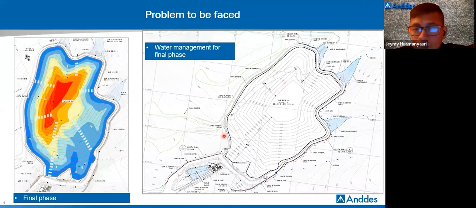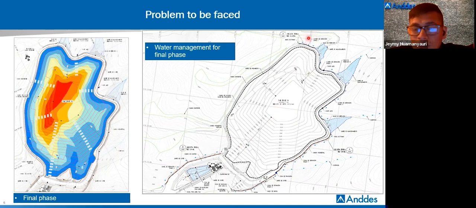In this picture, I can show the final phases of a typical heap leach pad of a Peruvian operator, where you can see on the left side the civil geometric conformation, and on the right side the water management for the final phases, made up of perimeter channels connected by rapids to sediment ponds located in the creek.